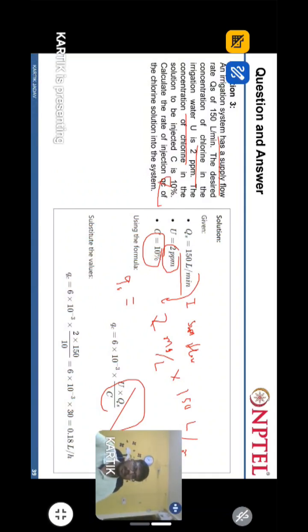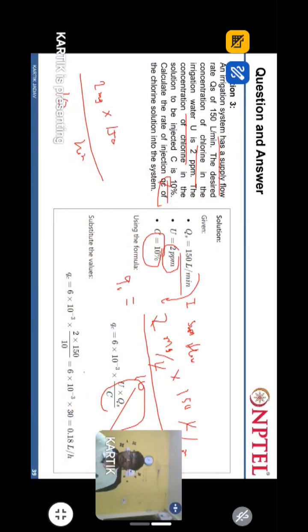And what is the concentration of chlorine in the solution to be injected? That is 10%. So divided by 10. So liter is gone. What we have here? 2 milligram into 150 per minute. Right? Multiplied, divided by 10.